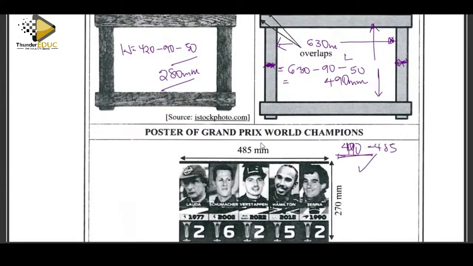It concludes it's enough. Then what about the width? The width we are going to take 280 minus 270, and we have 10. So we say it can fit. It can fit.